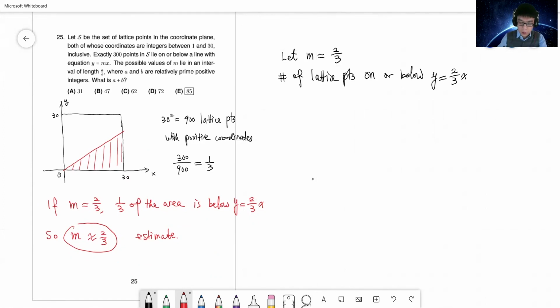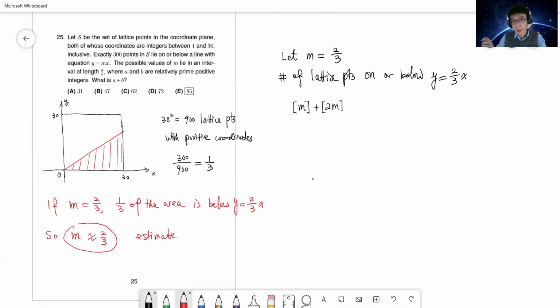If x equals 1, okay, here let's first use the general notation m for the slope. If x equals 1, y equals m. Then we take the integer part. That corresponds to the number of positive integer y coordinates. If x equals 2, y equals 2m, and we take the integer part.